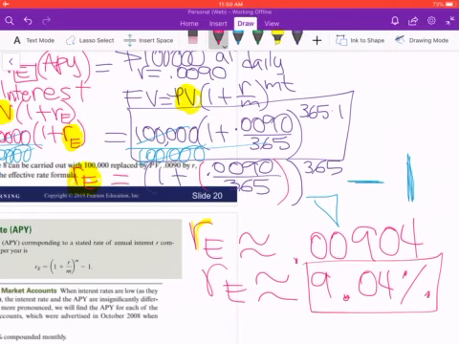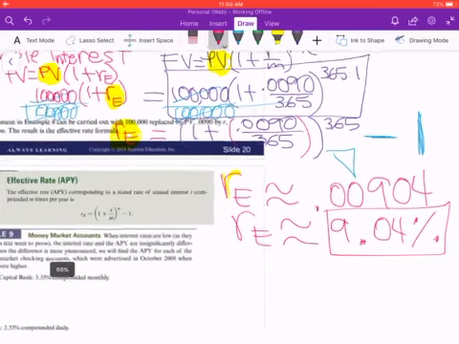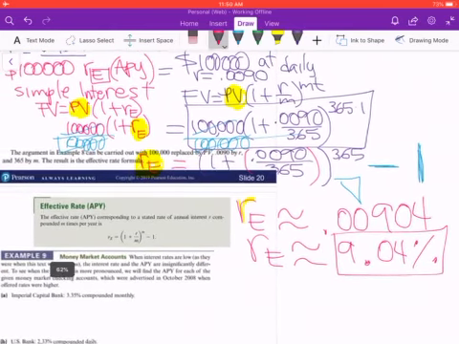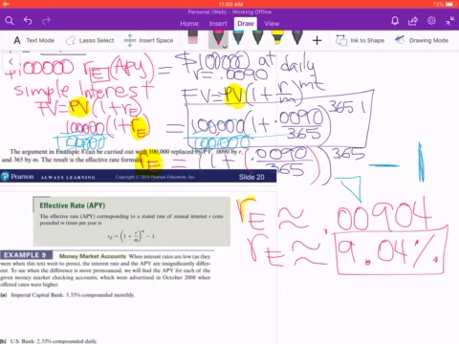So that would be the effective rate or the APY. And just to refresh your mind, that is the same rate that it will take for the same amount of money to earn the same amount of interest if it was compounded at a daily rate of 0.9% or 0.904% at a simple interest. And for both investments, the time period is 1 year.